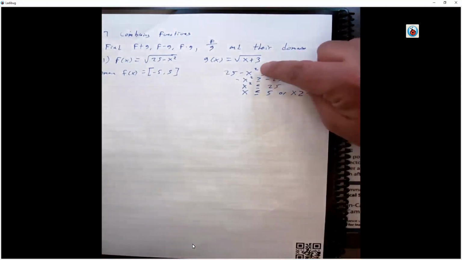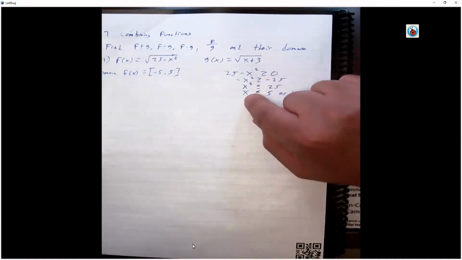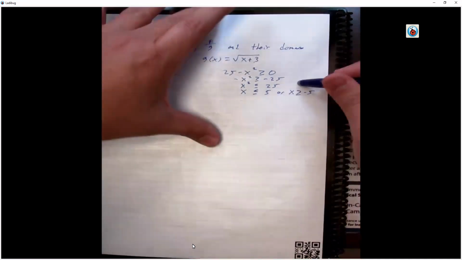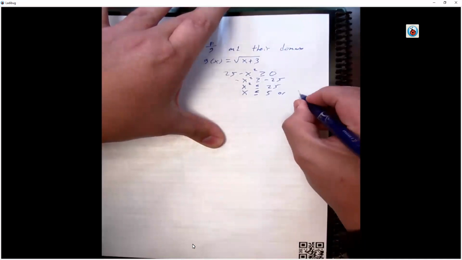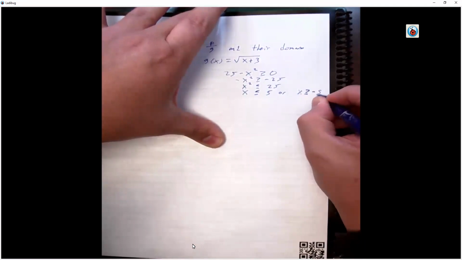Yeah, this is x squared. Is that what you're asking about? The greater than. Then it's not legible, is what you're saying. Gotcha. x is less than or equal to 5, or x is greater than or equal to -5. I couldn't fit my hand in here.